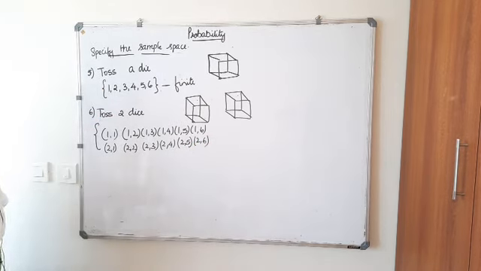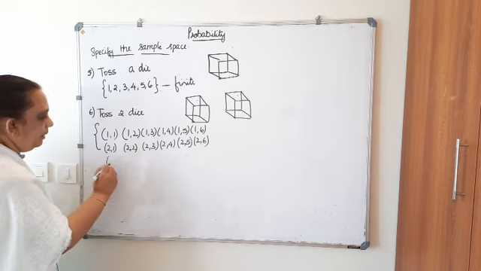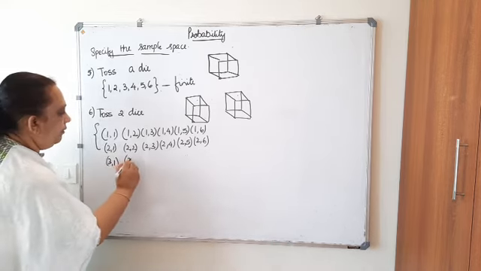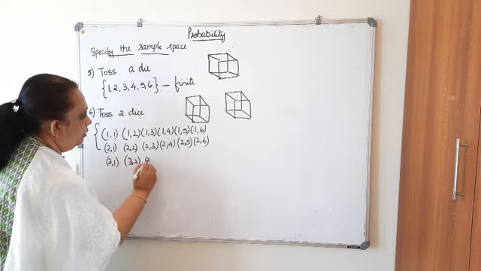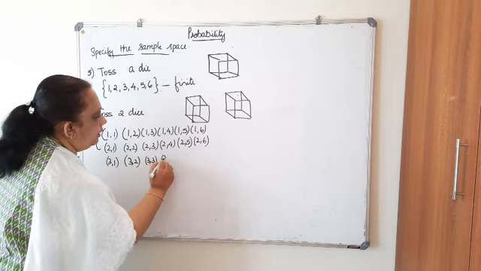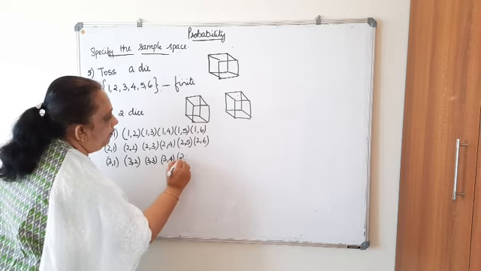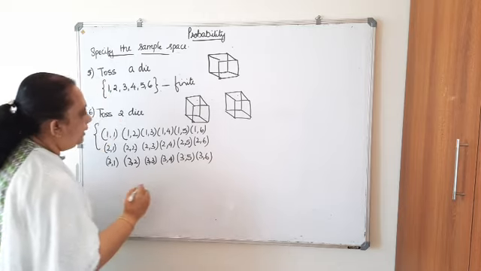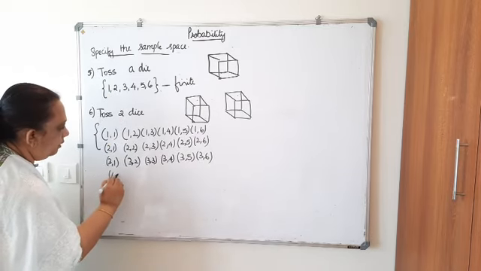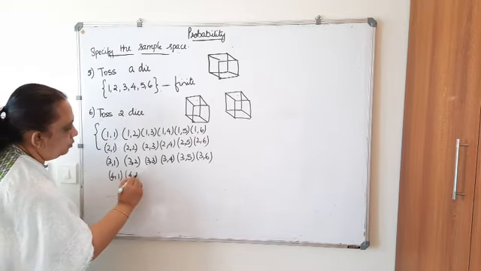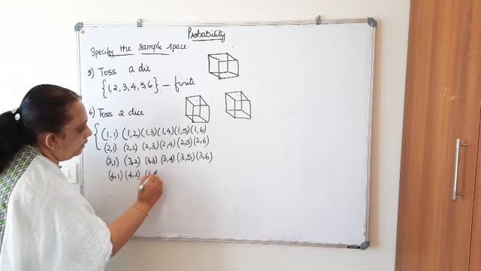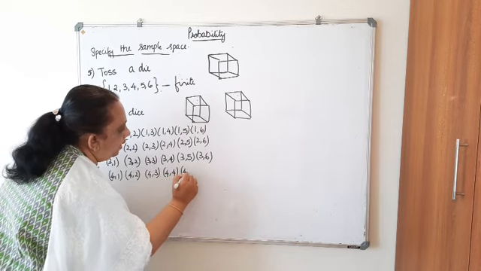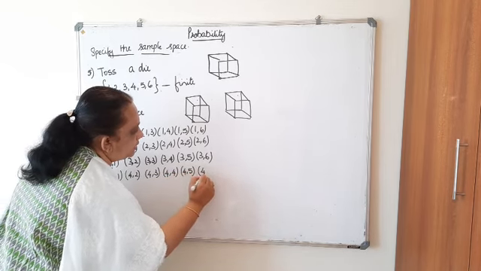I hope you're getting it. Then it can be 3 1, 3 on the first die, 1 on the second die. 3 1, 3 2, 3 3, 3 4, 3 5, 3 6. Or it can be 4 1, 4 2, 4 3, 4 4, 4 5, 4 6.